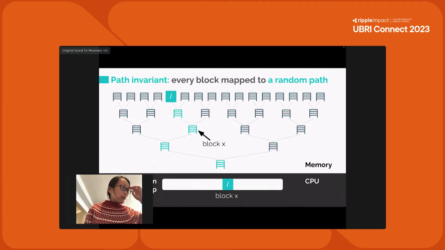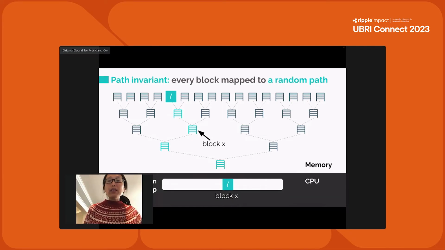Okay, so let me first cheat a little bit and assume the CPU can store a position map. So the position map stores the following important information. For every block, I'm going to assign it to a path from the root to some leaf. So in this case, let's say block X is on the blue path.